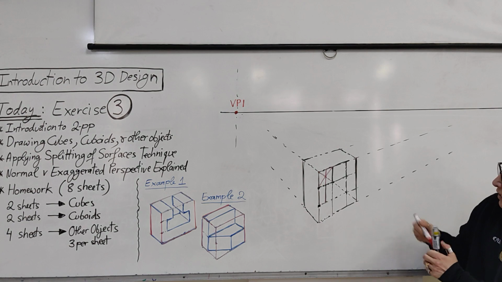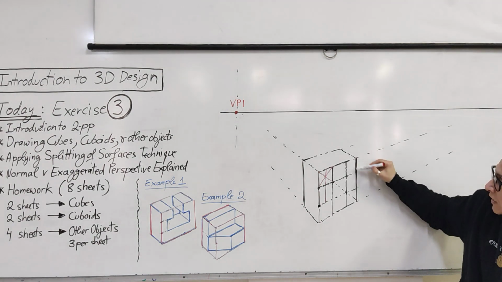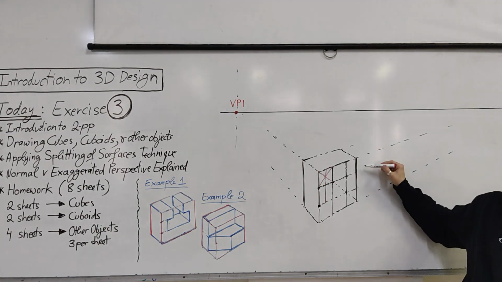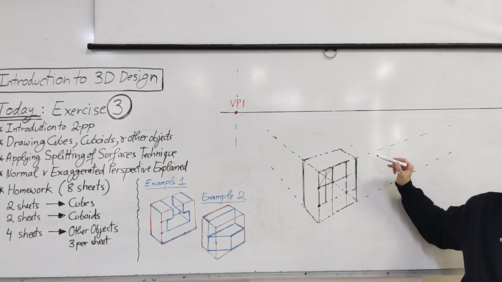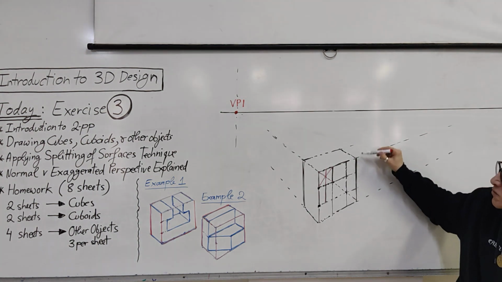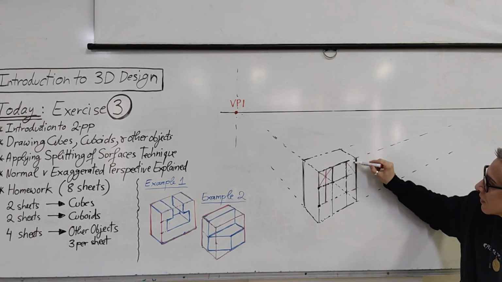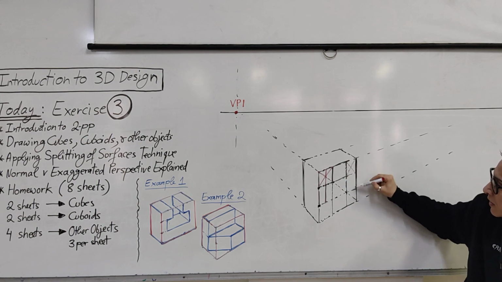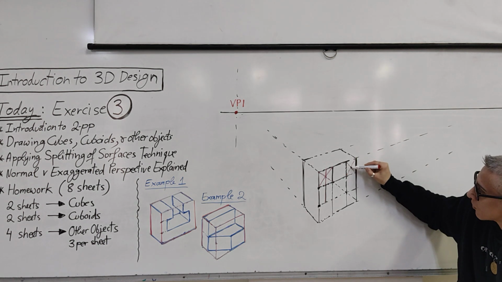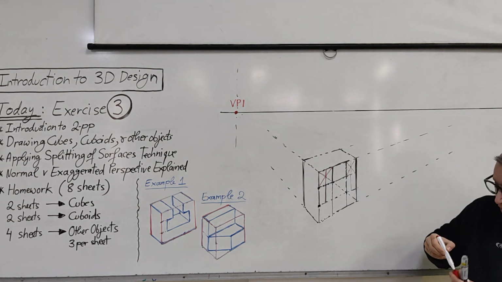Now we do the same thing here. You can either do splitting here or splitting here, it's the same thing. Or split the whole object. So let me split the upper one because I did it here. This is the center point. So here is the line that I need.